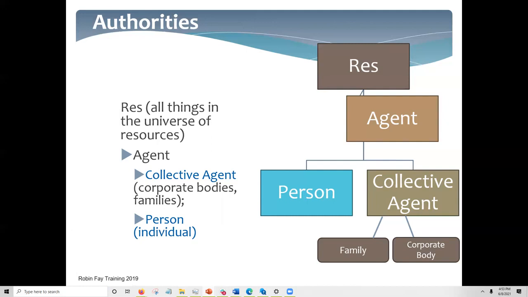Then we divide that between an individual, which is a person, or a collective agent, being a group of people. So agent is kind of all authorities or all identities. An individual is a person, and a group of people is a collective agent. Underneath that group of people, we have families, and then we have the corporate body. So that's how we started breaking up our identity management.